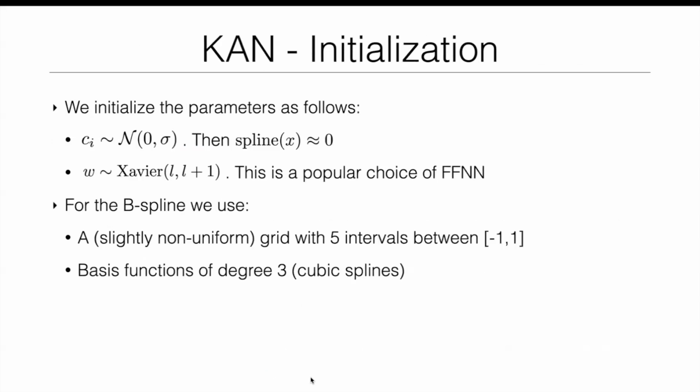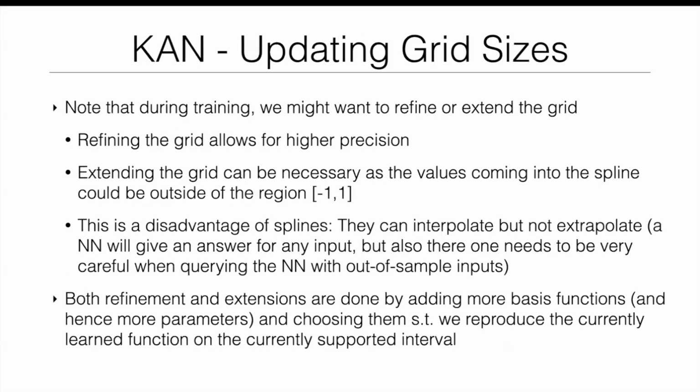We have cubic splines at these 5 interval points, and by multiplying them with these CIs, we generate the different edge functions. Good. So that's the setup, and then you just start to adjust with some optimizer the coefficients CI in your splines and the coefficients W that multiply the overall size of each edge.